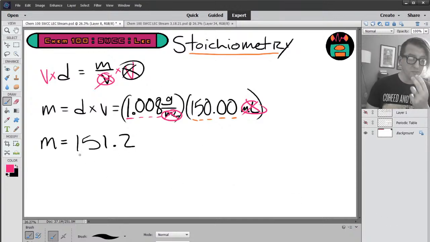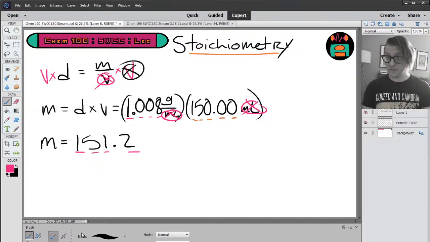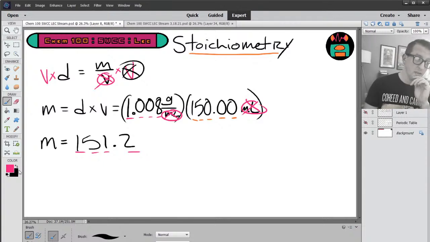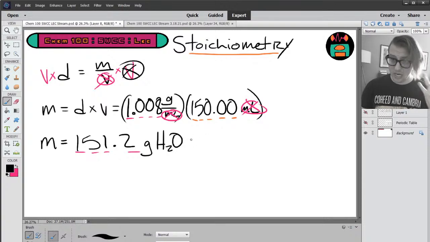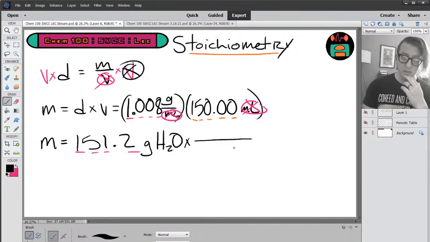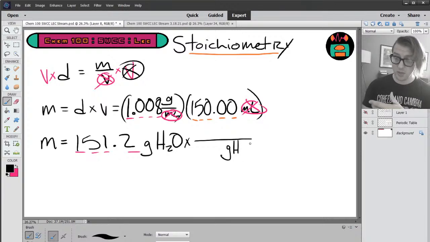And the cool thing is we actually don't even have to round here, because 151.2 already has 4 sig figs. So we don't need to add any zeros. We don't need to round. It's good the way it is. And our units here are grams, specifically grams of water. Now, we weren't asked to find grams of water. We need to find molecules of water. We can't convert from grams to molecules, but we can convert from grams to moles.